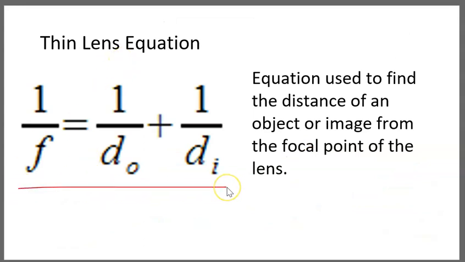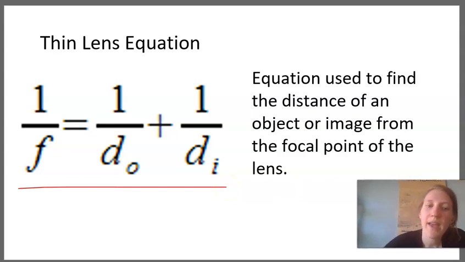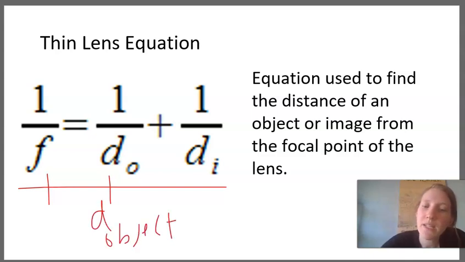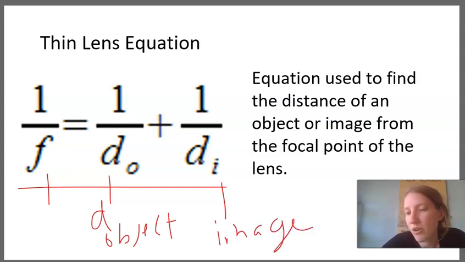This is the thin lens equation. You notice it's the exact one that we have used for mirrors. F is the focal point, dO is the distance of the object, and dI is the distance of the image. For these equations and the practices that we're going to do, most of the measurements are given in centimeters.